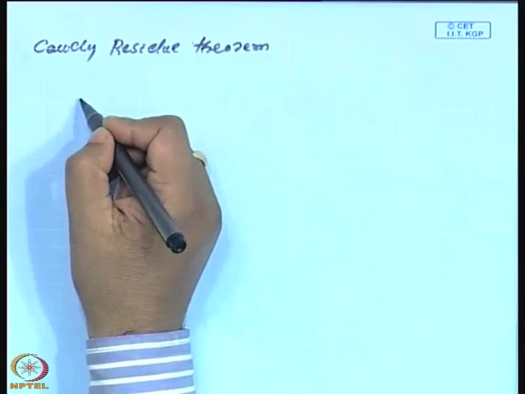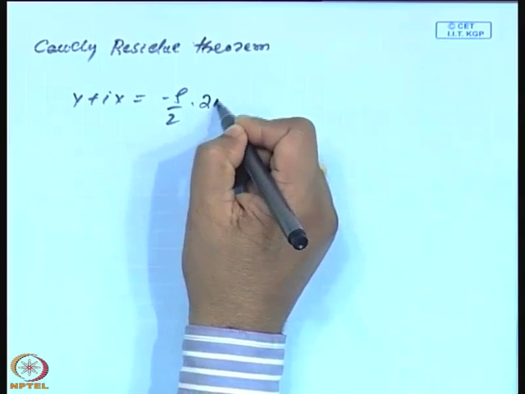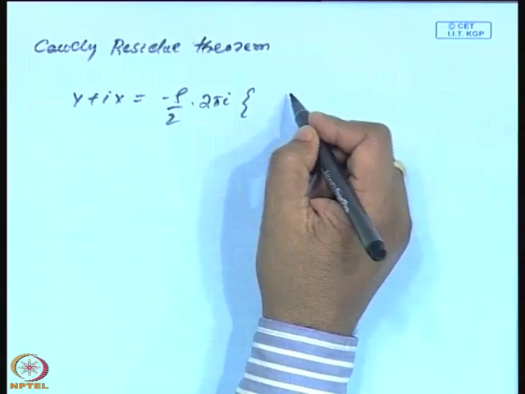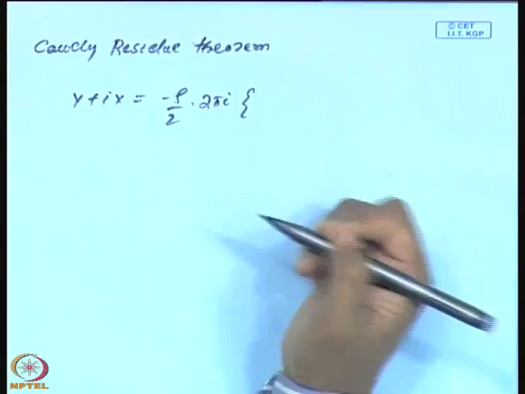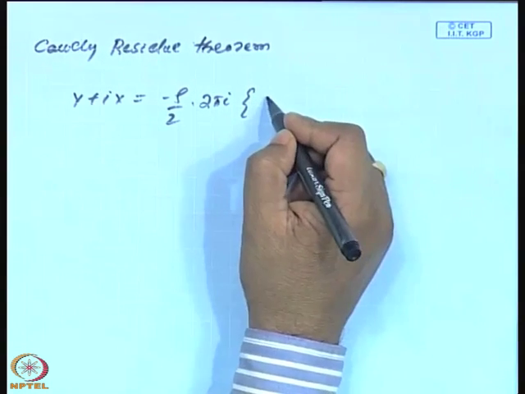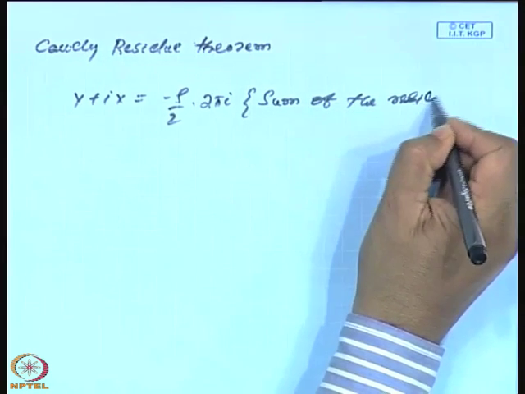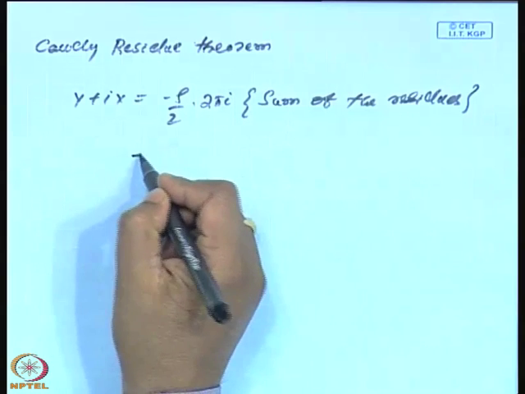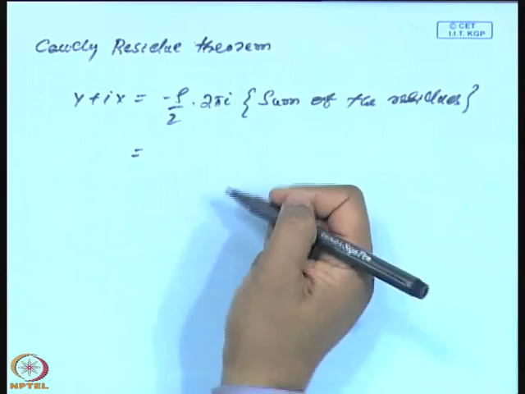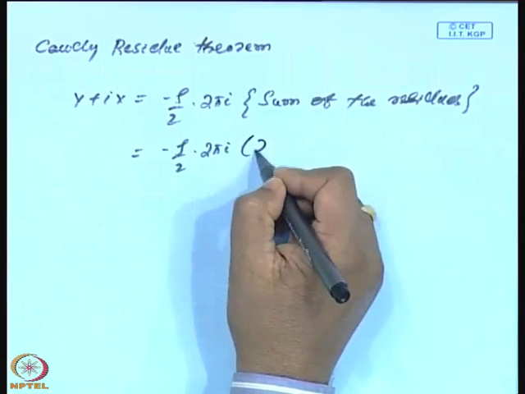Y plus iX will give minus rho by 2 times 2 pi i times the sum of the residues, since there are poles at z equal to 0. The only residue in this problem is at z equal to 0, and it can be calculated as 2 pi i into 2iUk.